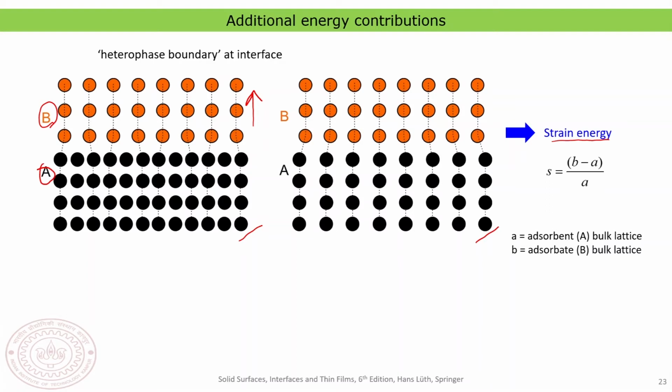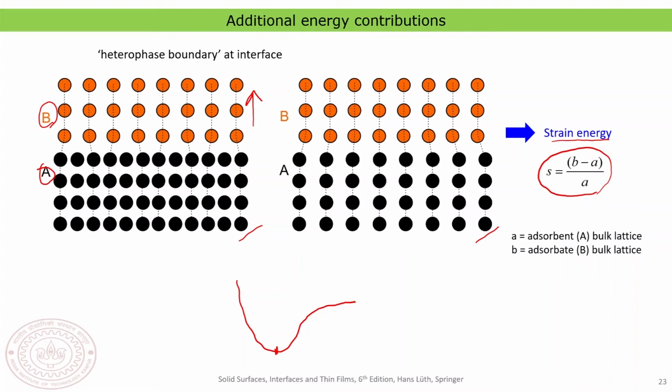The lattice mismatch, as we have already discussed in the previous slide, can be calculated using this formula, where we need to know the bulk lattice of your surface and also the bulk lattice of the adsorbate. Now we know that the strain energy at the interface can be contributed in 2 different ways. If you look at the potential energy diagram of the adsorbate interaction, the adsorbate atoms would like to reside at the equilibrium distance.